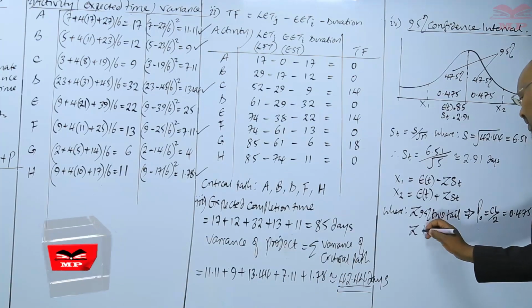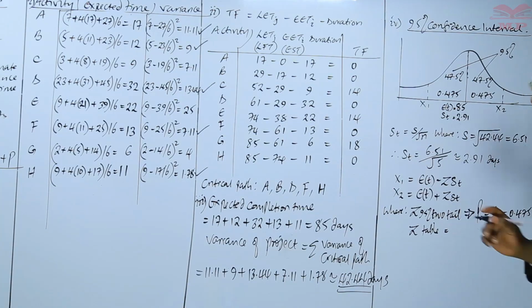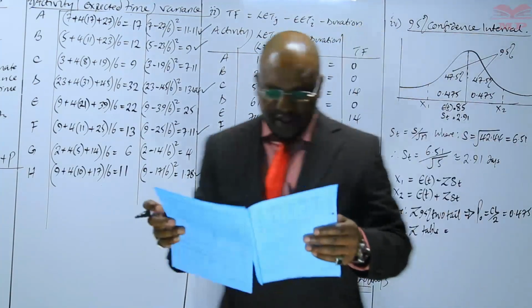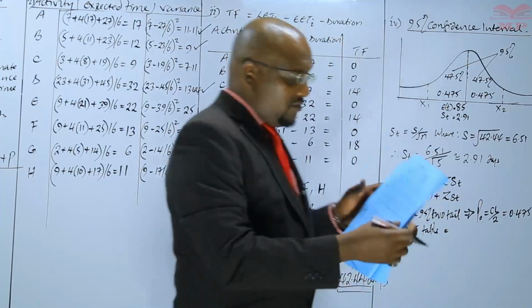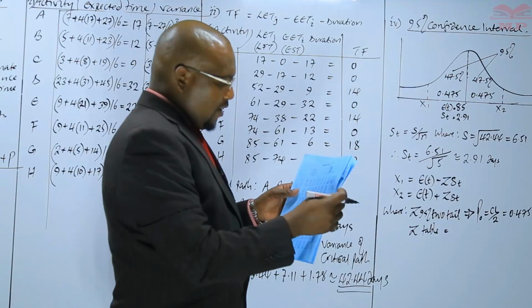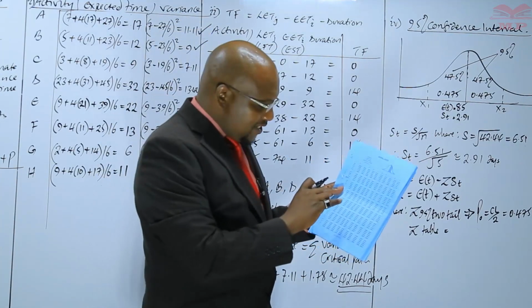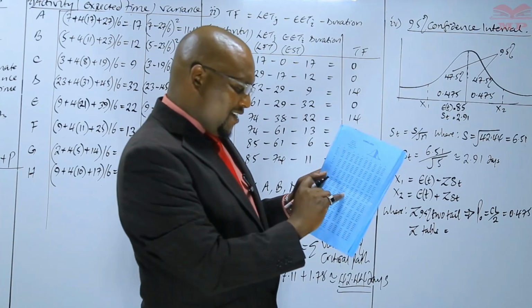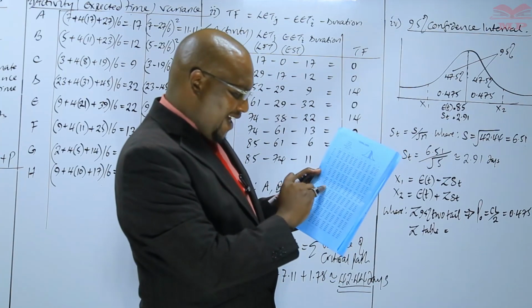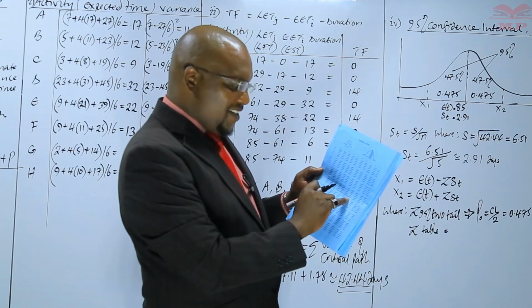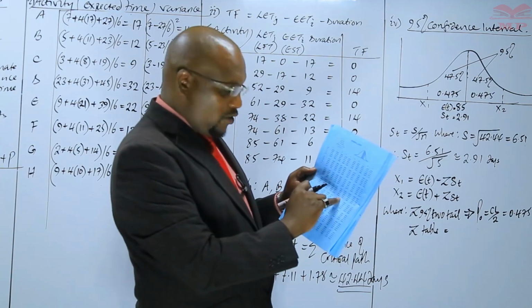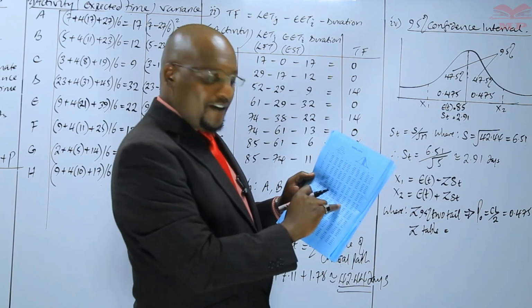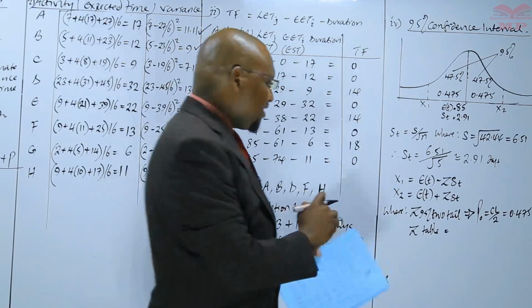If we go to the table of normal distribution, we have the probability, and the probability is 0.475. Likely enough, it is exactly provided under the 1.96. Inside there we have the 0.475. So 1.96 is our answer.